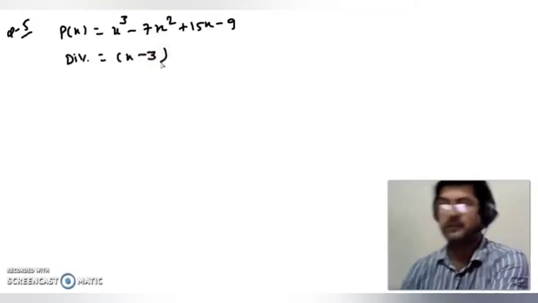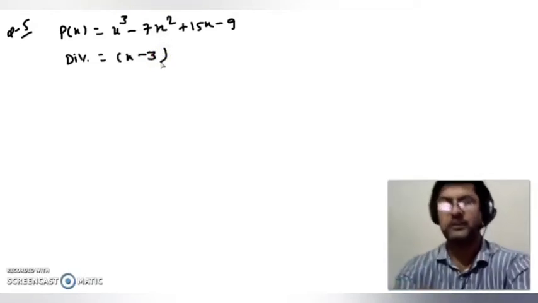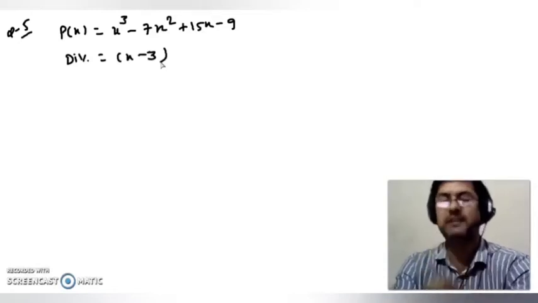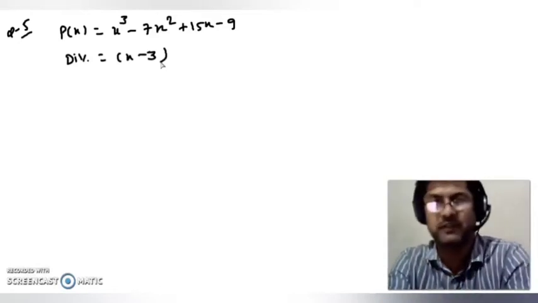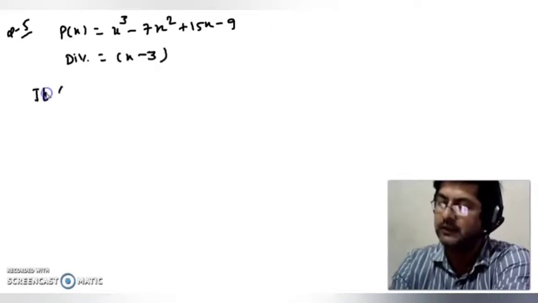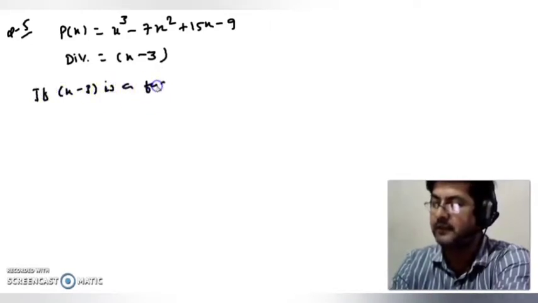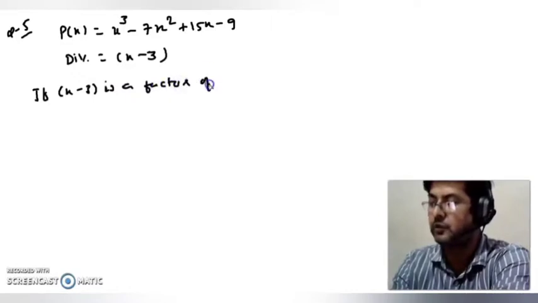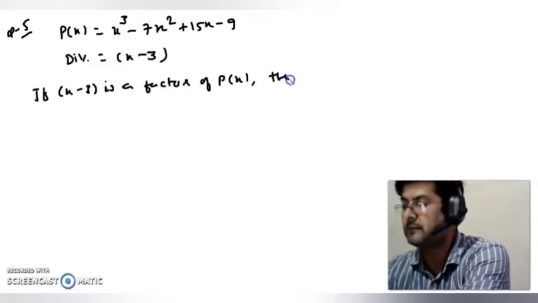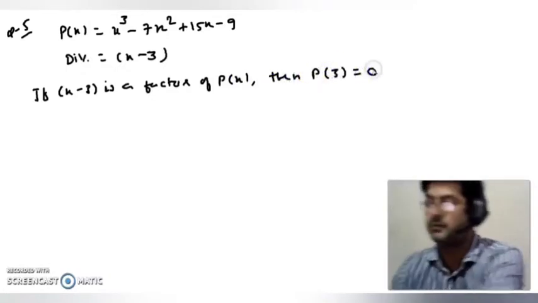We have to show that x minus 3 is a factor of p of x. Obviously, if x minus 3 is a factor of p of x, in that case the remainder p of 3 must be 0. So we'll write down that if x minus 3 is a factor of p of x, then p of 3 is equal to 0.